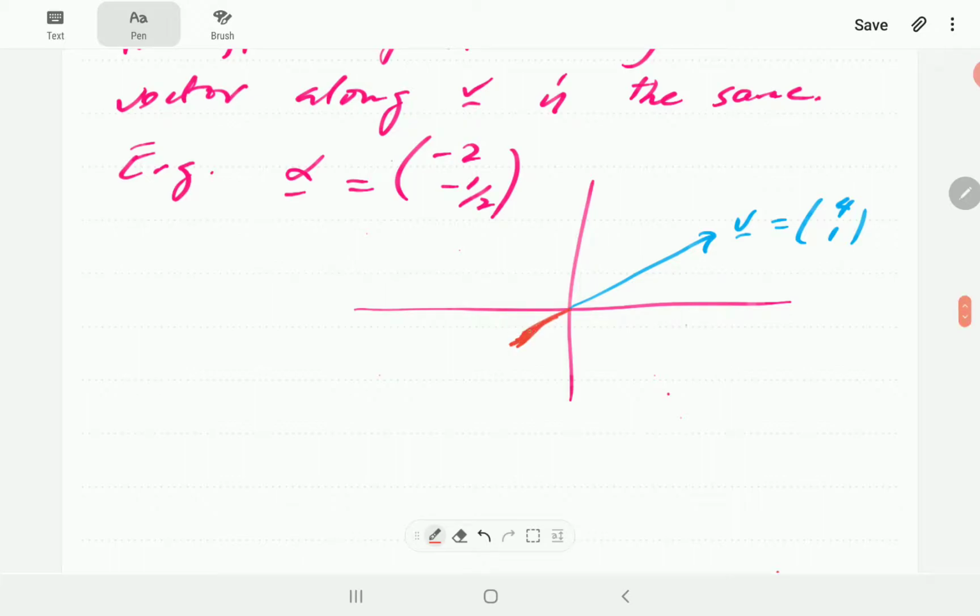Okay, but its magnitude is half the magnitude of this one, so that's -2, minus half.